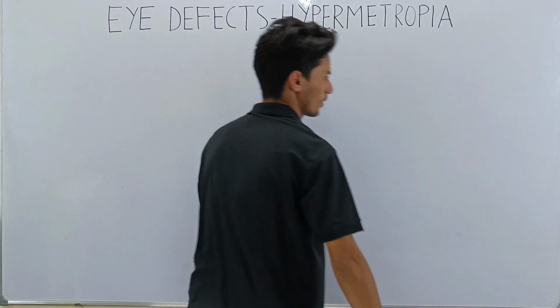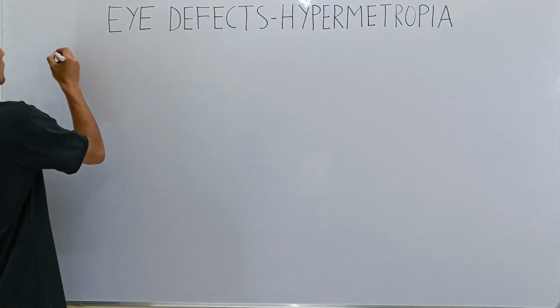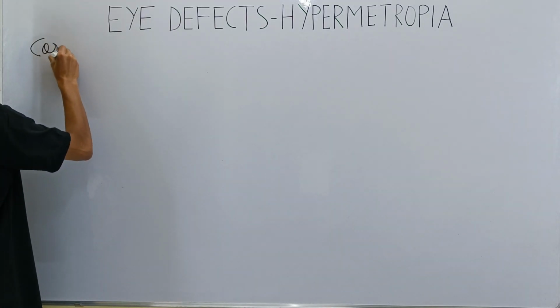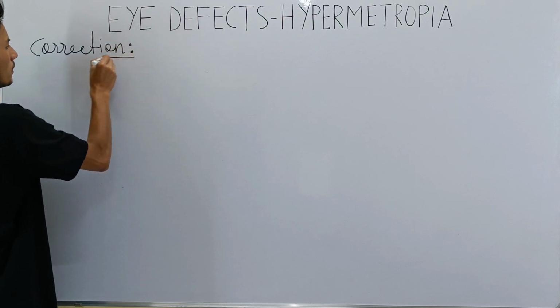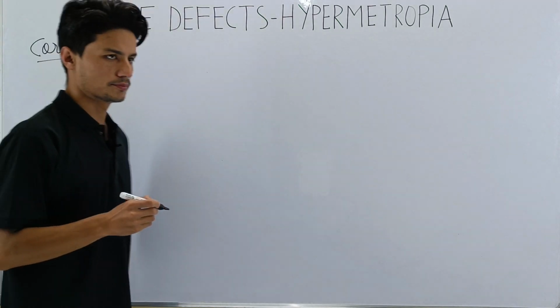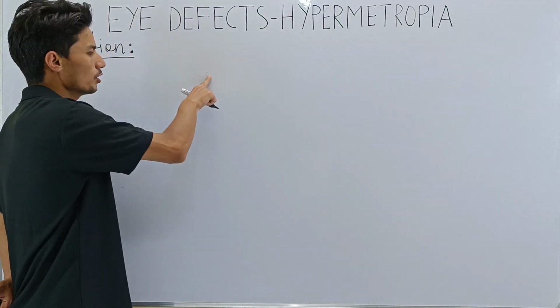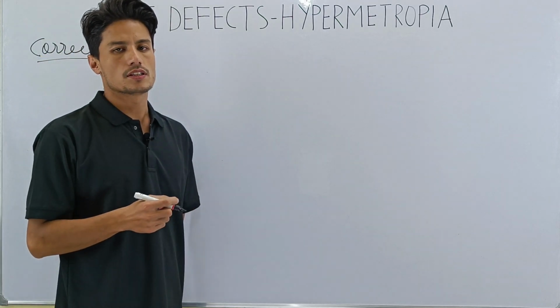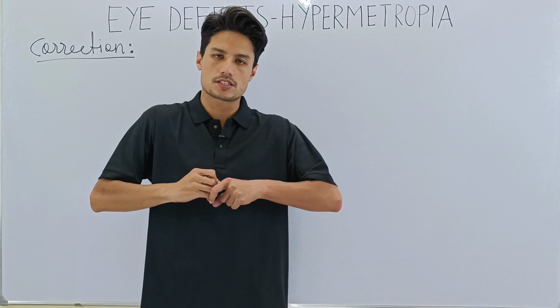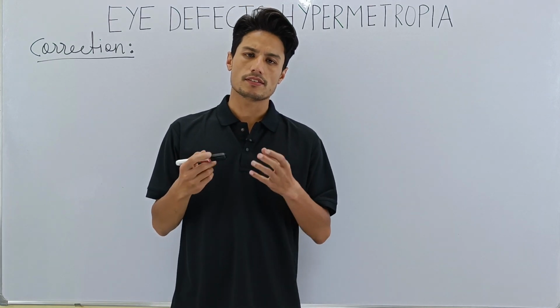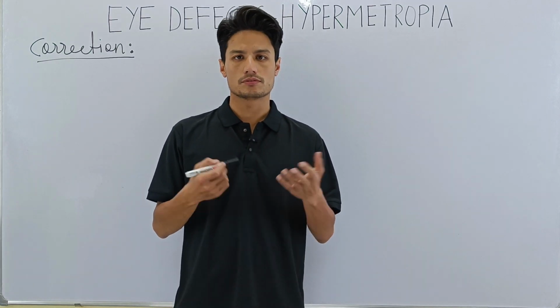Now, correction of hypermetropia. So let's study the correction together. Now, what will be the correction for hypermetropia? See, let us first diagnose the problem, and then the answer will come automatically to us.